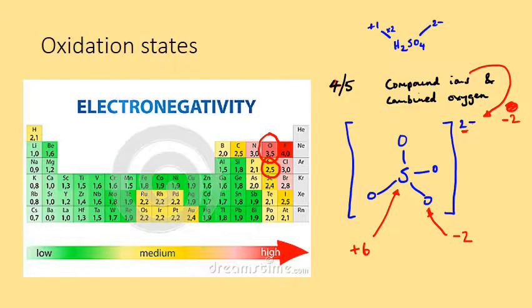You've got sulfur at +6, and you've got 4 of the oxygens each at -2. So you've got +6 plus 4 times -2 equals the overall charge on the ion, which is 2-, and that works out. You can see that that works out as +6 minus 8 equals -2. So you can see that makes sense.